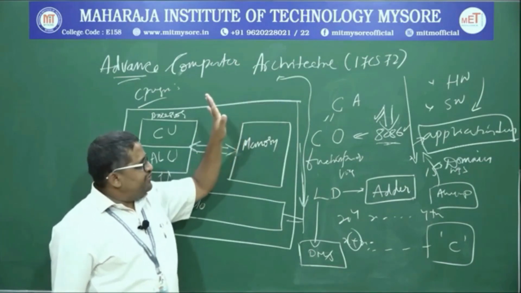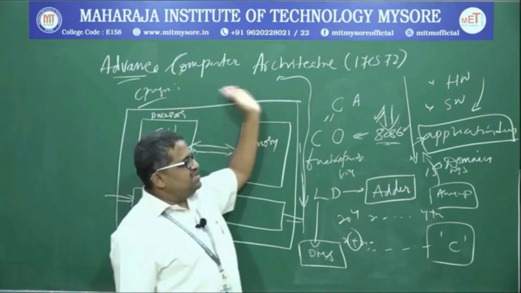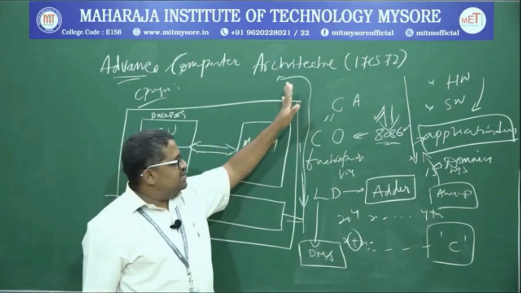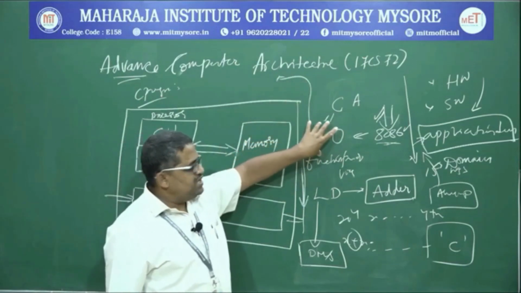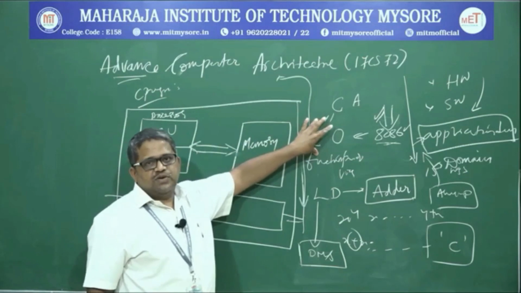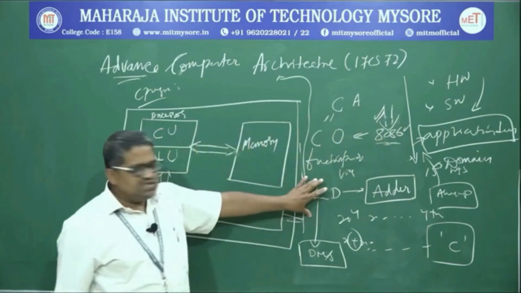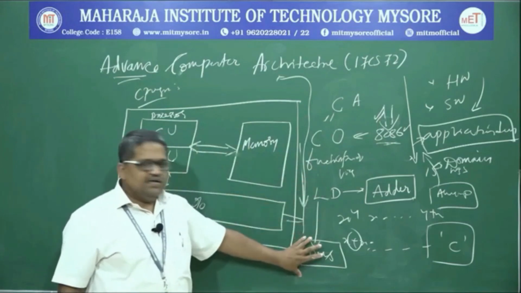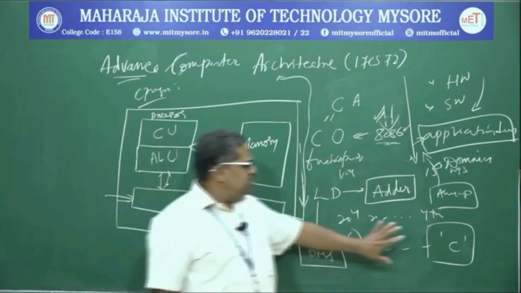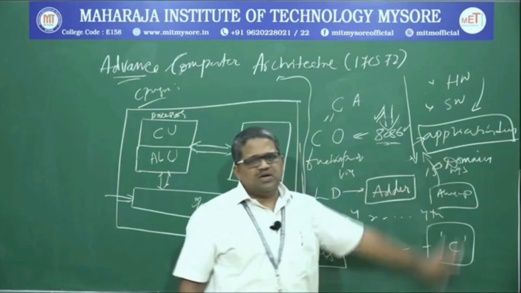Clear with this? Now, if you want to walk easily through this advanced computer architecture, the prerequisite is to look into the concepts of computer organization and the 8086 processor, then the logic design subject, and then the DMS subject, and with a brief knowledge of any one programming language.